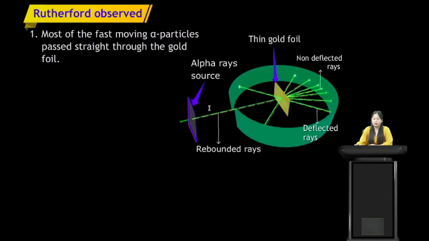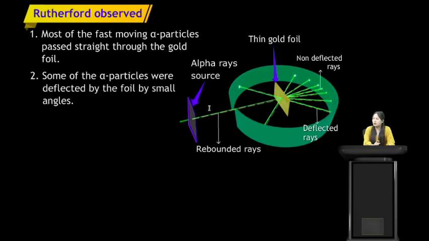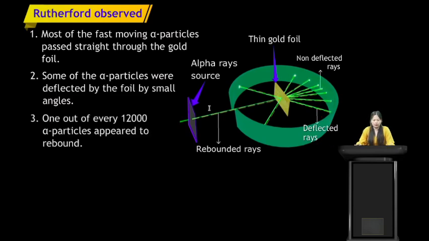So from this experiment, Rutherford inferred that most of the fast moving alpha particles pass straight through the gold foil. Then some of the alpha particles were deflected by the foil by small angles, and one out of every 12,000 alpha particles appeared to be rebounded.